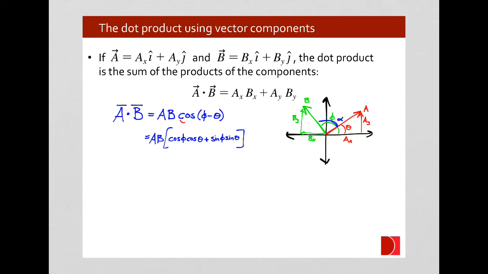That's one of our angle subtraction trig identities. If we distribute our AB and if we reposition the values, because multiplication is commutative, it doesn't matter what order we do it in, we can distribute and get this.